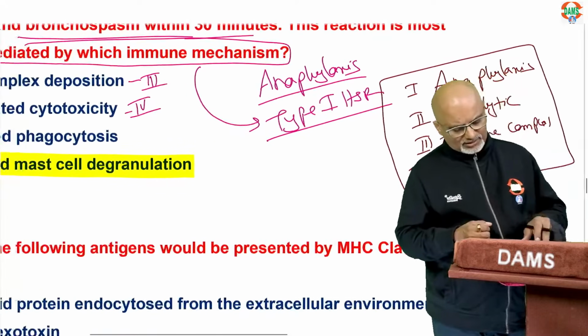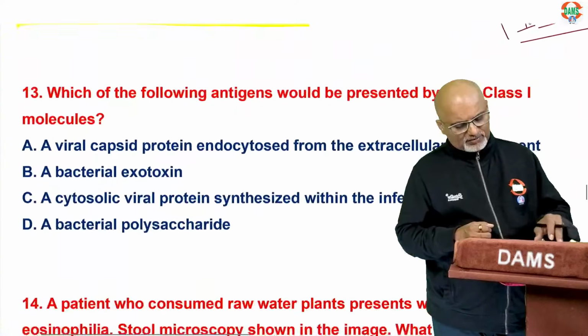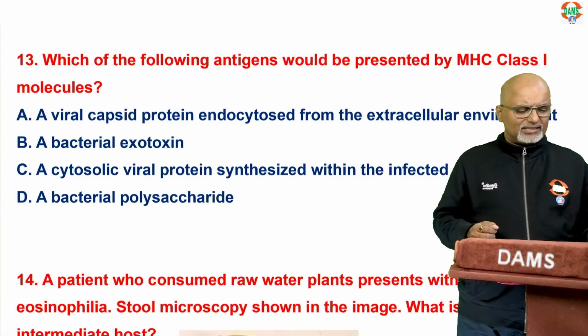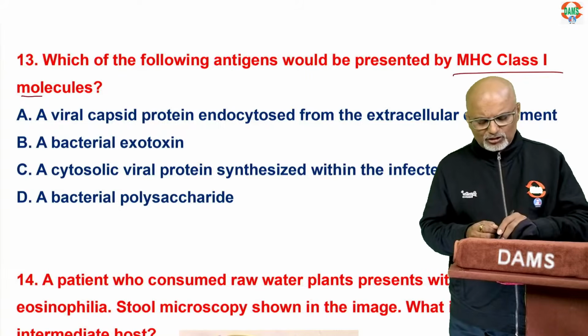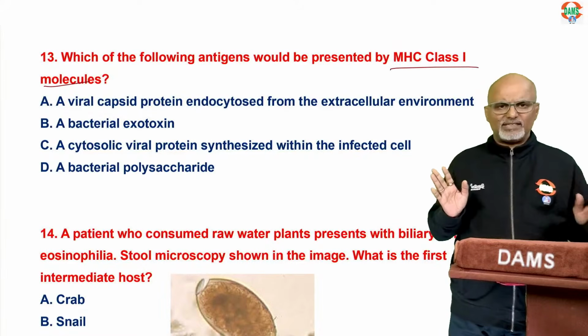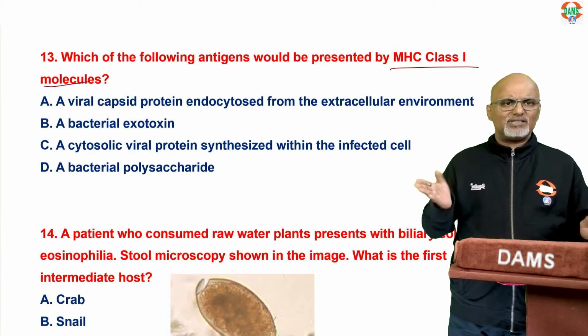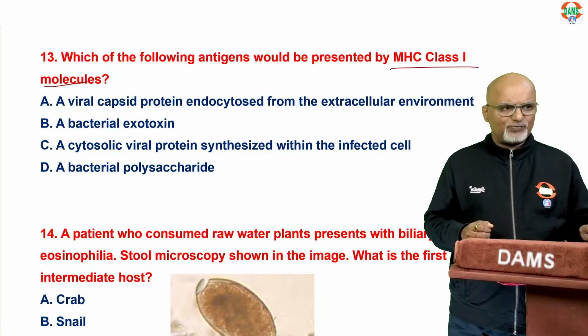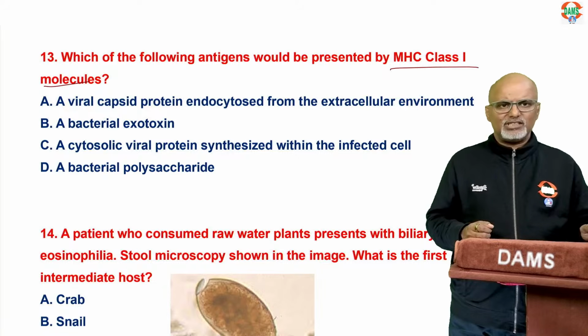Got it? Next is, which of the following antigens would be presented by MHC class 1 molecule? Very basic question. Always know the rule of 8. 1 interacts with CD8, 2 interacts with CD4, that you are aware of.